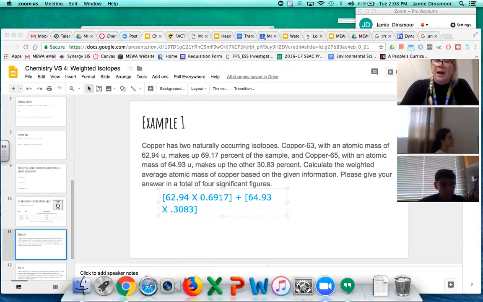So if we do this math, you're going to have to do your multiplication first, PEMDAS, as it is known. We do 62.94 times 0.6917. We get 43.53, we'll round it to 43.54, plus 64.93 times 0.3083, and we get 20.02.